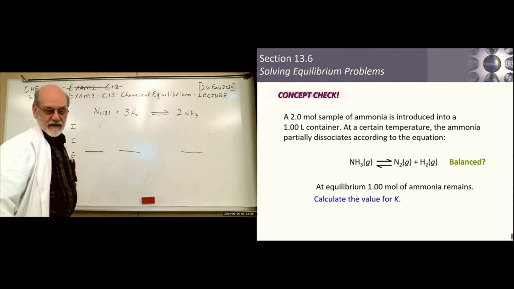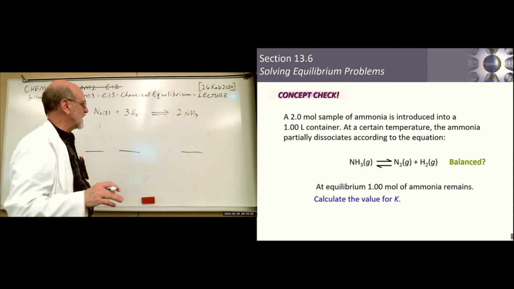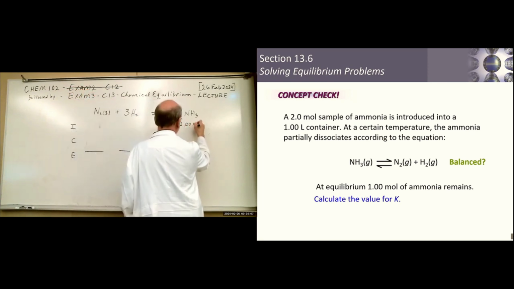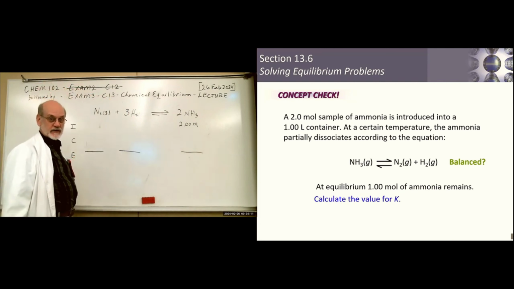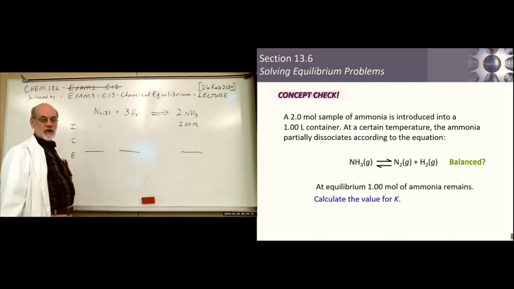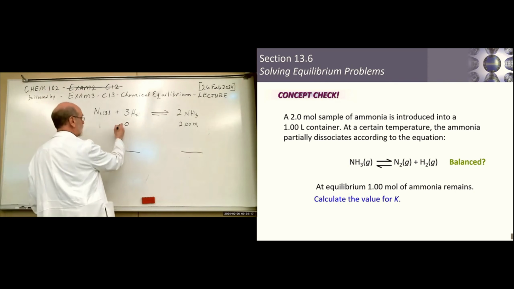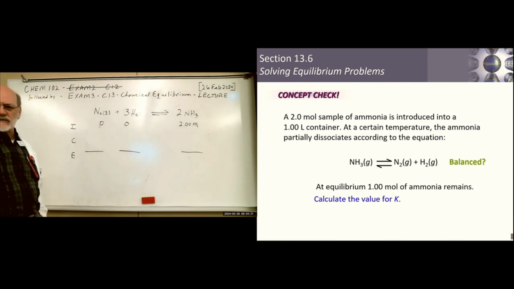Okay. So a 2 mole sample of ammonia is introduced into a 1 liter container. 2 moles in 1 liter is 2 molar, right? Introduced into a container at a certain temperature. The ammonia partially dissociates according to this equation. Oh, I'm backwards. Excuse me.